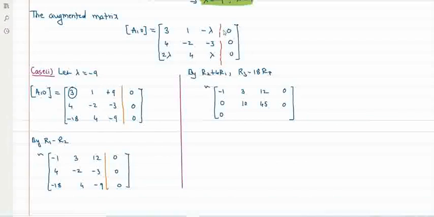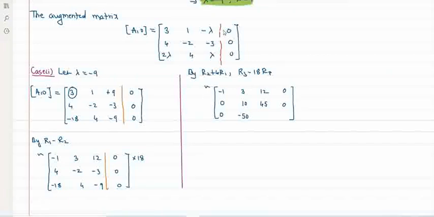You have to multiply by 18 and subtraction. 4 minus 54 is minus 50. Minus or plus? Minus 50.